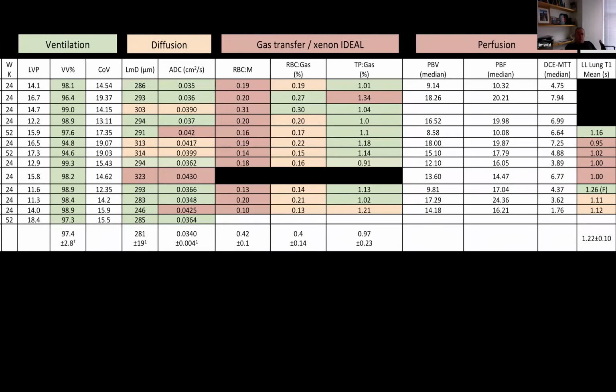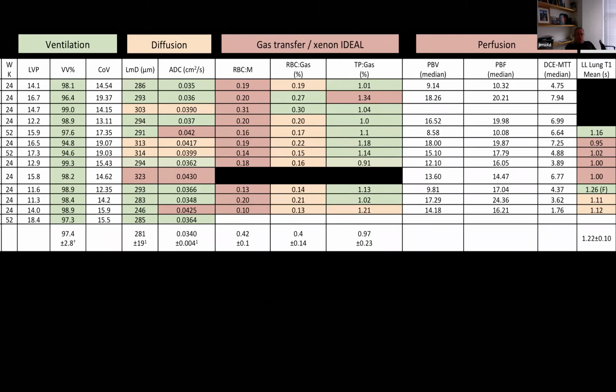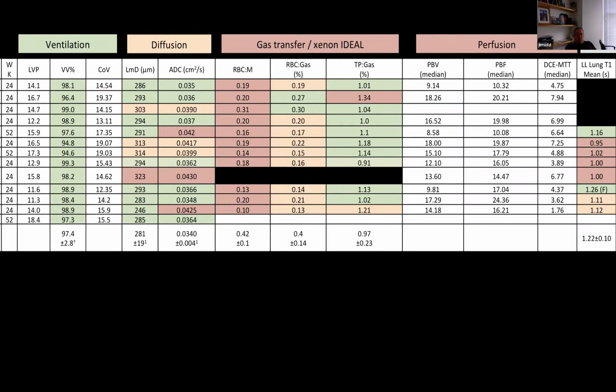These slides are quite complicated to read, but they summarize where the different measurements that we make are abnormal. So green is in normal range, red is clearly abnormal. And we're seeing in these patients some abnormality in the microstructural information from the LMD and the ADC, but again, quite severely depleted red blood cell membrane gas transfer measurements, as we saw in the follow-up study.